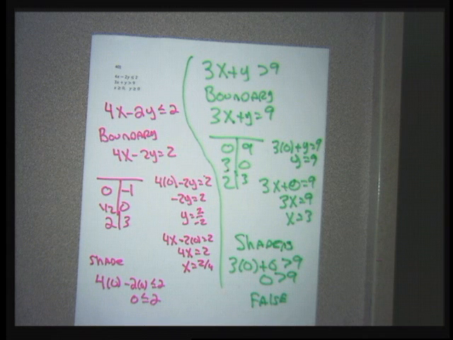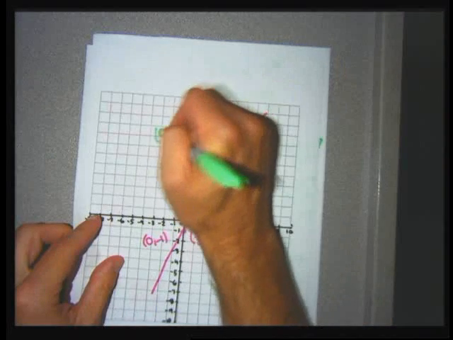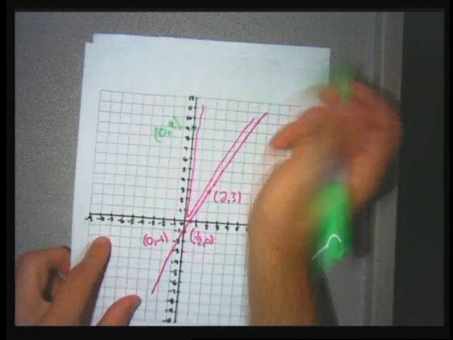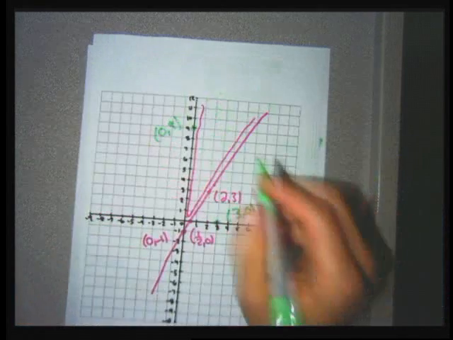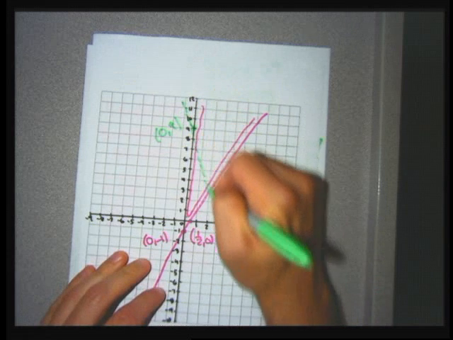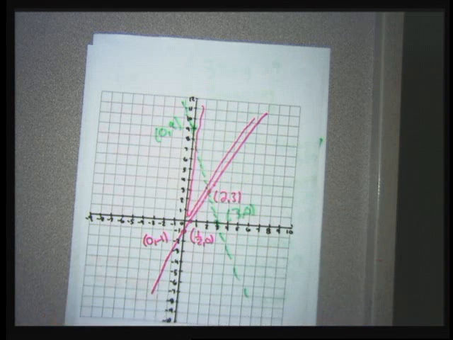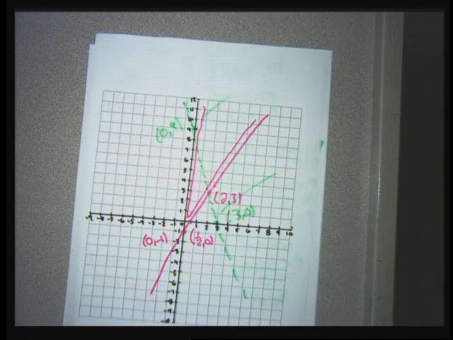So I'm going to plot those 3 points, 0, 9, 3, 0, and 2, 3, which I already have plotted. This is supposed to be a dashed line as opposed to a solid line. And this line is supposed to shade away from the origin. The trivial constraints keep me in the first quadrant.